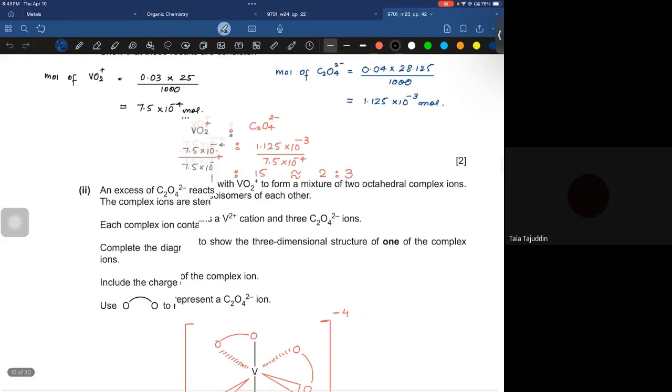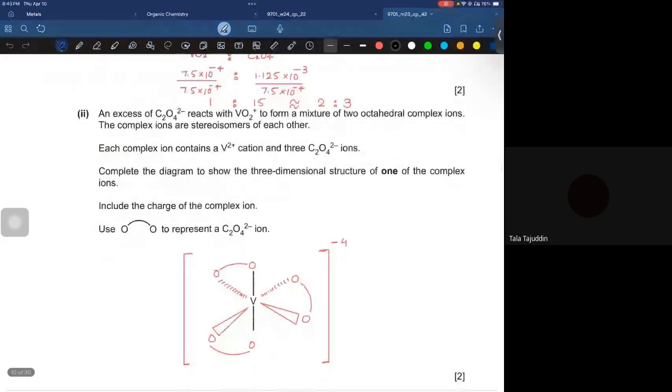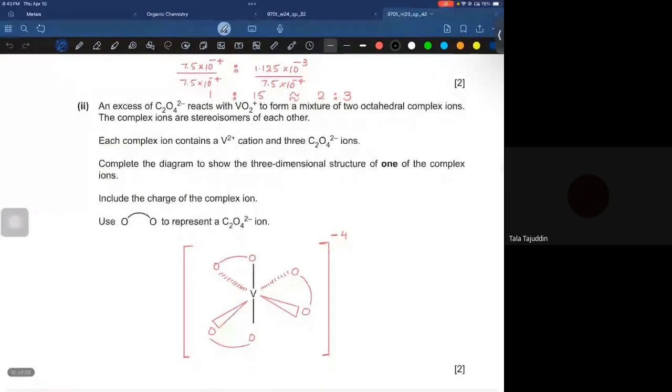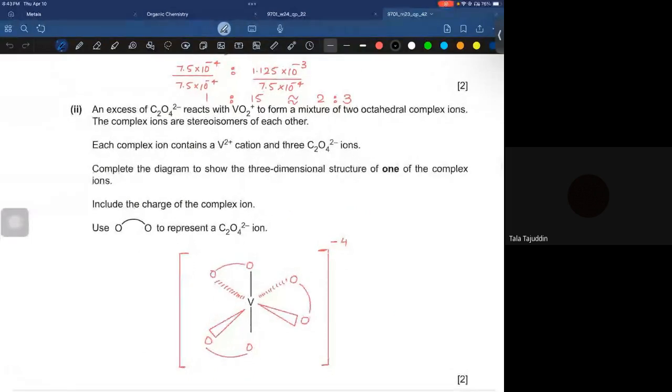Then in the next part, they are saying an excess of C2O4 2- reacts with VO2+ to form a mixture of two octahedral complex ions. Octa means the coordination number is 6. The complex ions are stereoisomers of each other. Each complex ion contains a V2+ cation and 3 C2O4 2- ions. Complete the diagram to show the three-dimensional structure of one of the complex ions.